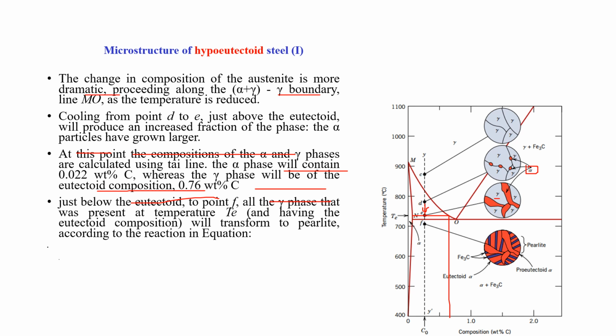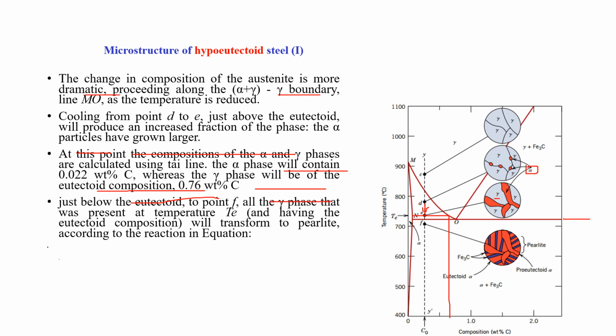Just below the eutectoid line, at point F, the alloy is further cooled from point E to F and has crossed the eutectoid point.